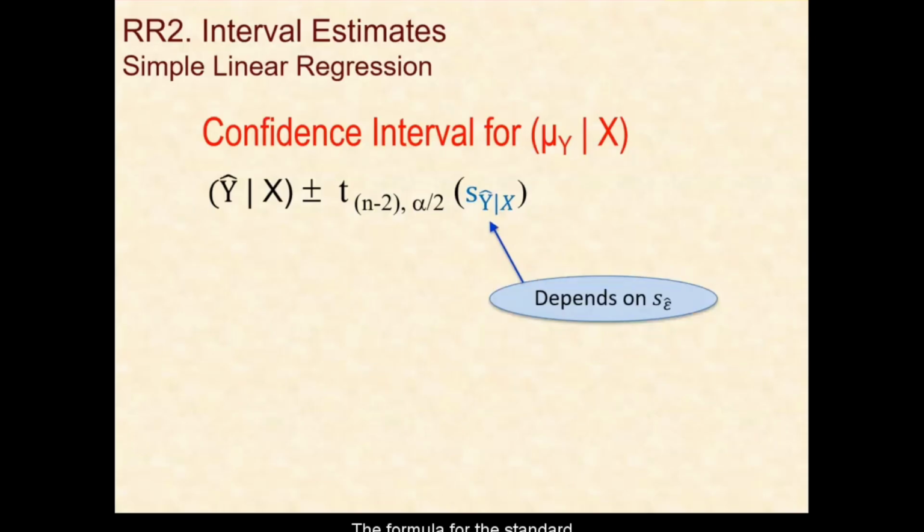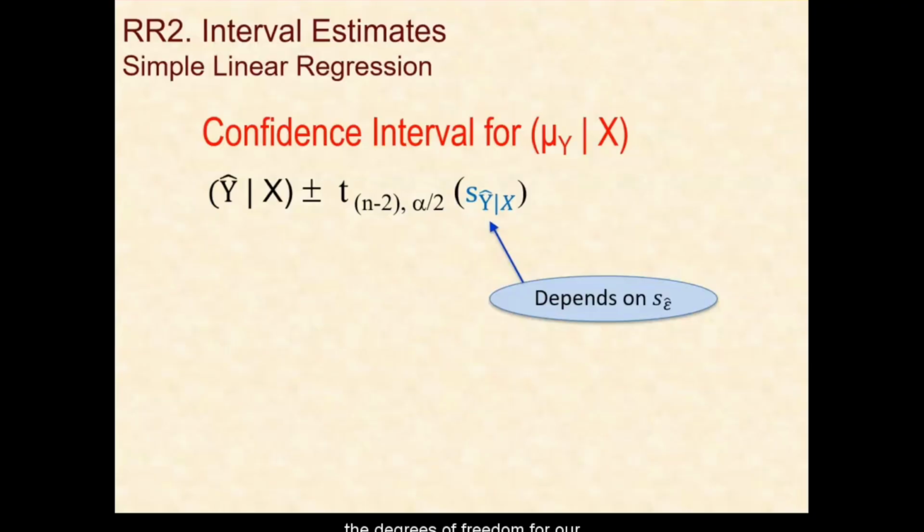The formula for the standard error of y hat, s sub y hat, given x, is not detailed here. For the simple linear regression, it is available in most any introductory statistics text if interested. Of note is that the calculation of this standard error involves using the standard error of the residuals, the s sub epsilon hat.